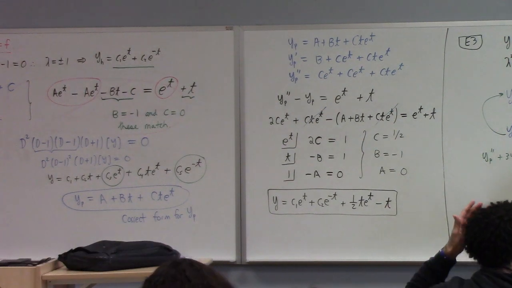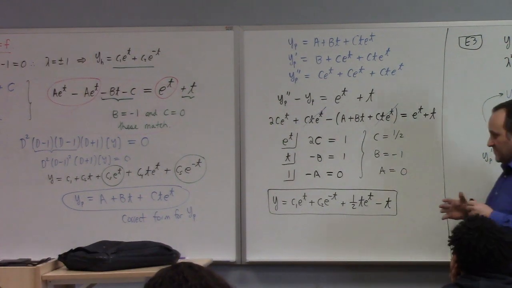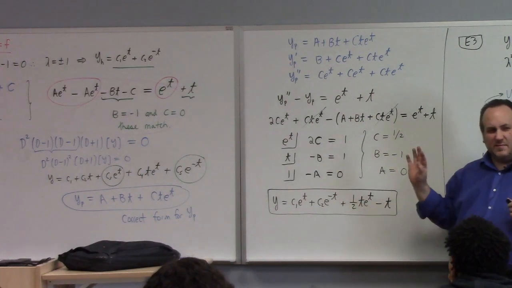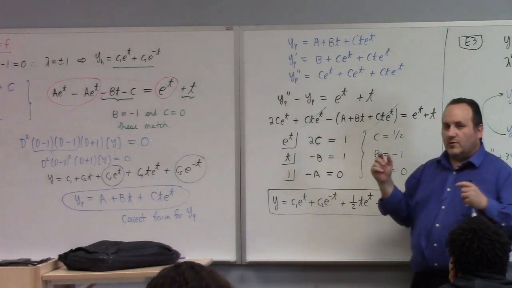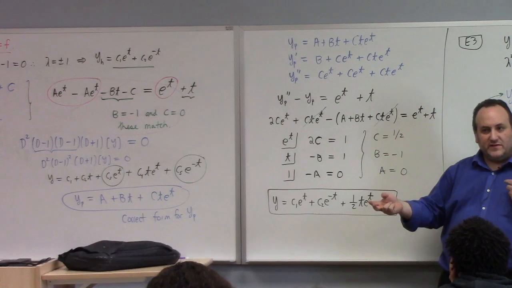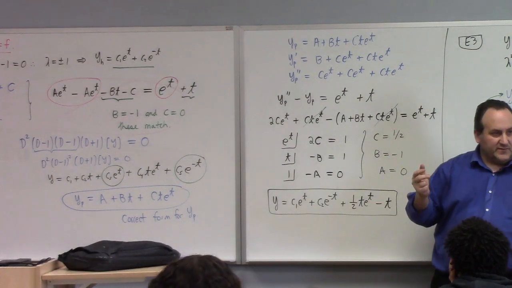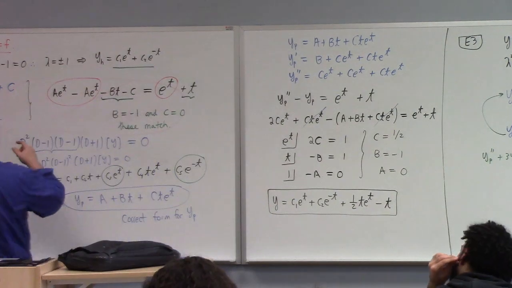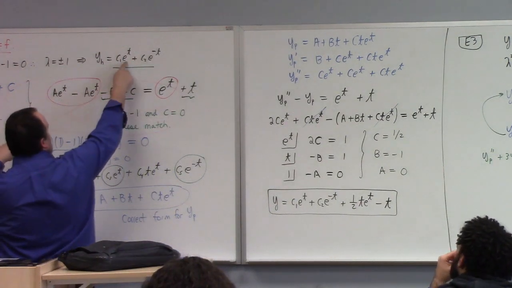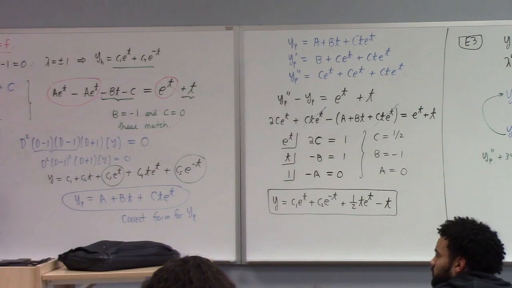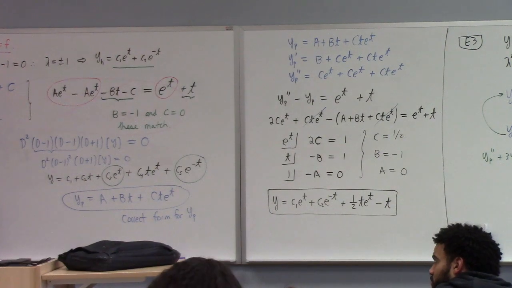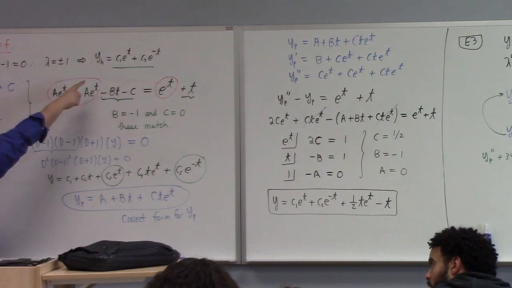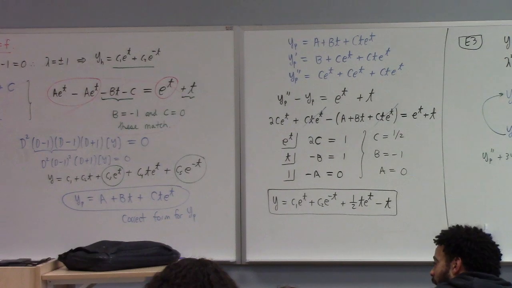The way I would explain it for them is that the particular solution has to be modified whenever there's a quote-unquote overlap between the homogeneous solution and what you might call the naive solution. So here, there's an overlap. See this? I have e^t in the homogeneous solution, and in the naive solution, up here, I have an e^t. There's an overlap there. So that part of the solution needs to be modified by multiplying by t.